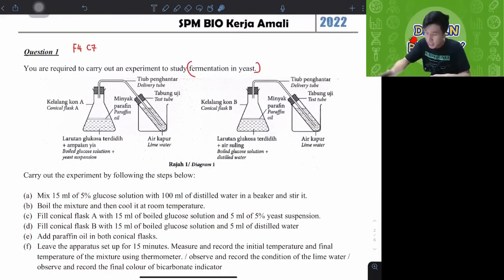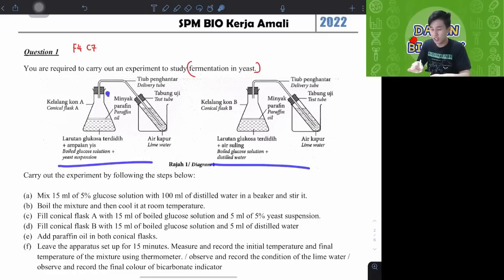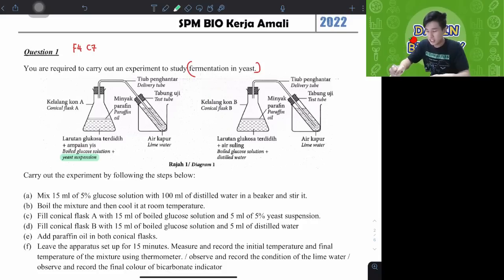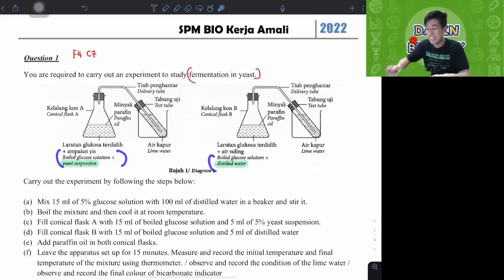You can see we have two setups over here, two conical flasks A and B. Obviously the main difference here is one has yeast, one is just distilled water. So one is glucose and yeast, one is glucose and distilled water.